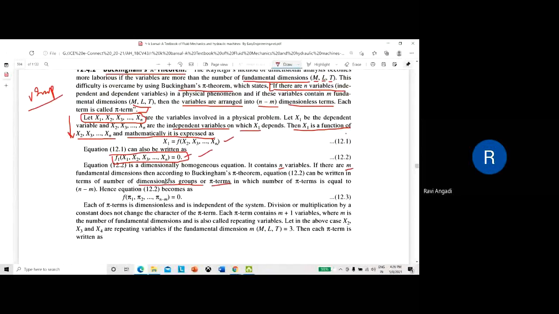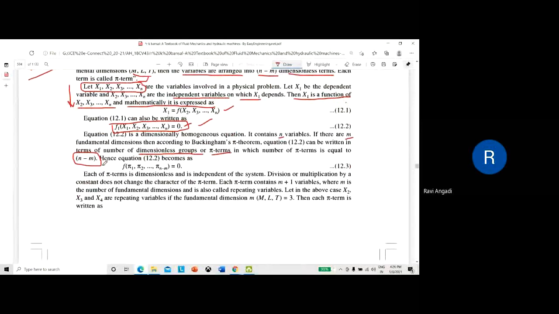Remember, the number of pi terms will be n minus m. Hence, the above equation becomes as follows. Once we know there are n variables, out of which m fundamental dimensions are there, then the dimensionless groups can be expressed as n minus m.